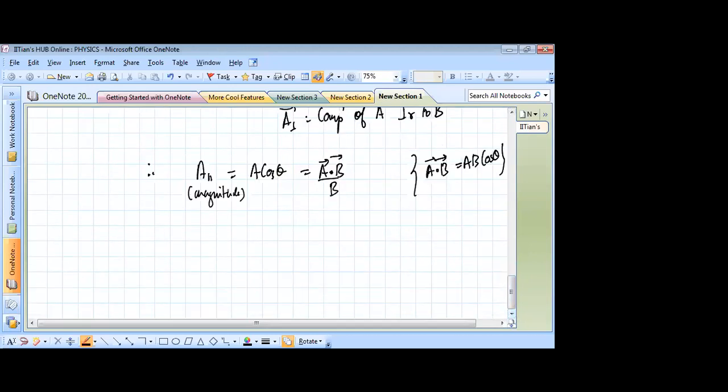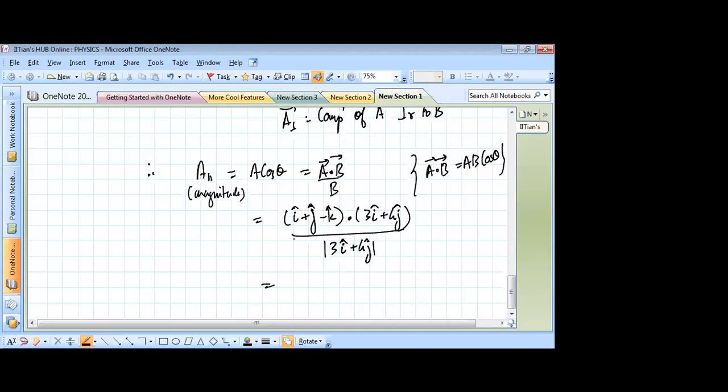So this will become the dot product of E, which is i cap plus j cap minus k cap, with B, which is 3 i cap plus 4 j cap, divided by the magnitude of B. So B was this vector 3 i cap plus 4 j cap.